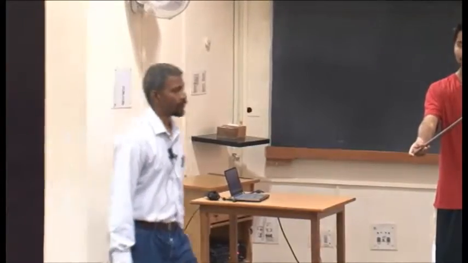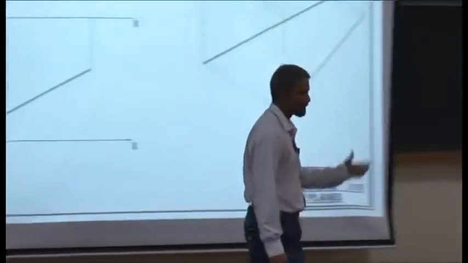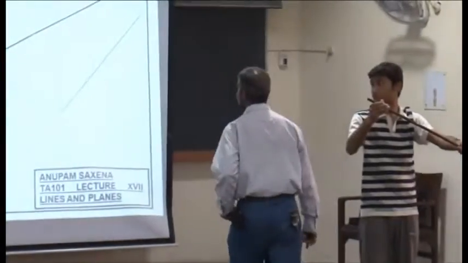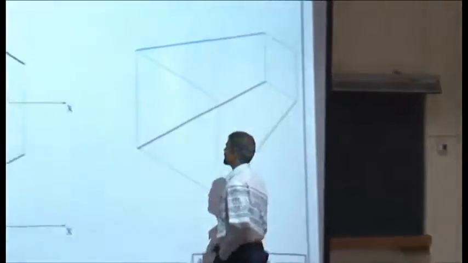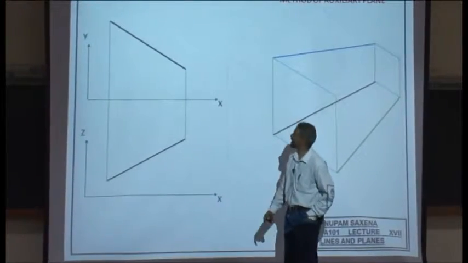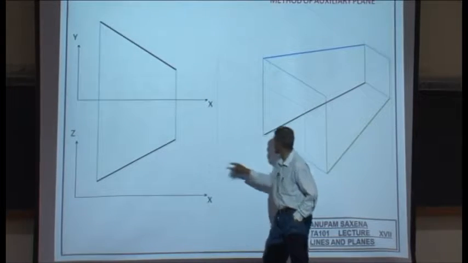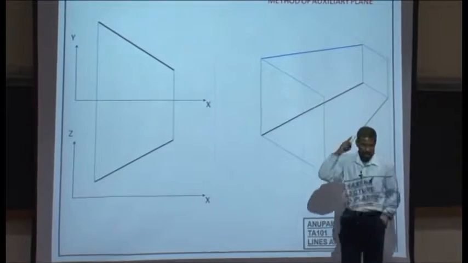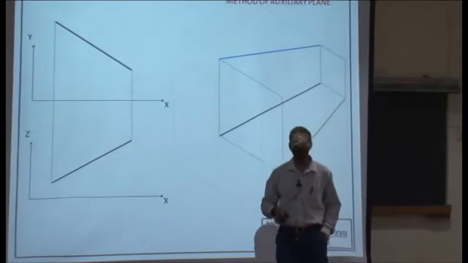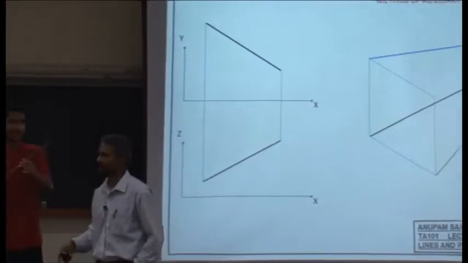Okay, so what I have over here on the right is a little 3-dimensional box where, of course, this projection is on the horizontal plane and this projection is on the vertical plane. And if I extend the 2 projections, I would be in a position to get the 3-dimensional line in a box.